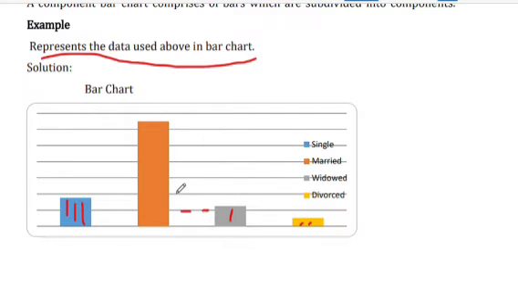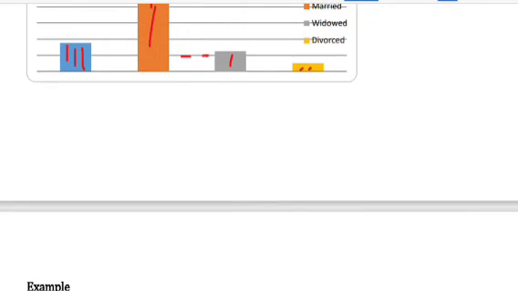So 20, 40, 60, 80, 100, 120, and 130. So this is a simple bar chart. Simple bar charts are very easy. In fact, I think this is a computer bar chart. If I don't want to do it on a computer, I can draw my own bar chart this way. Let me draw this and represent this.